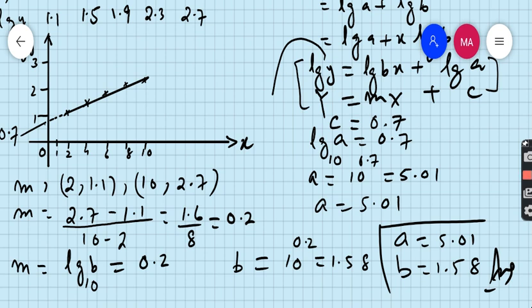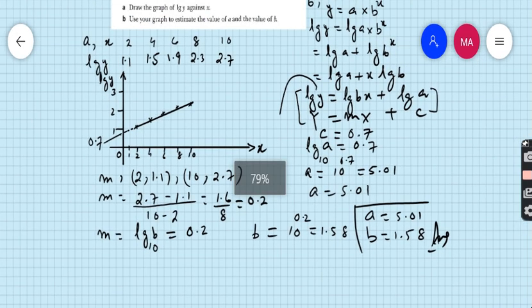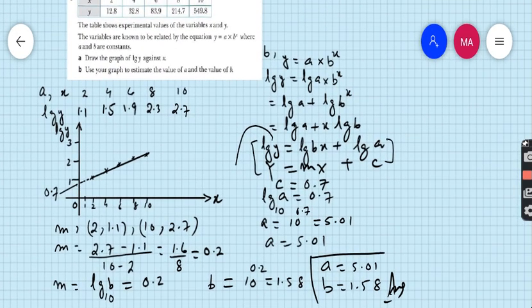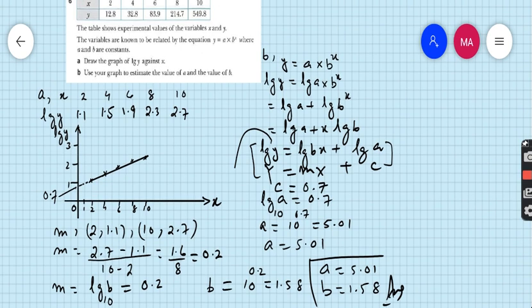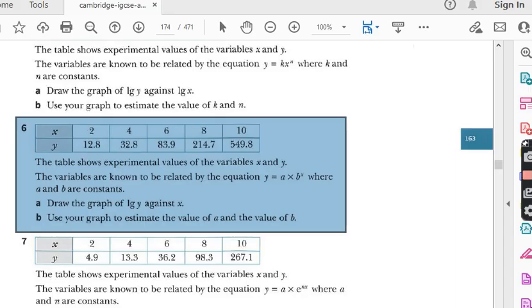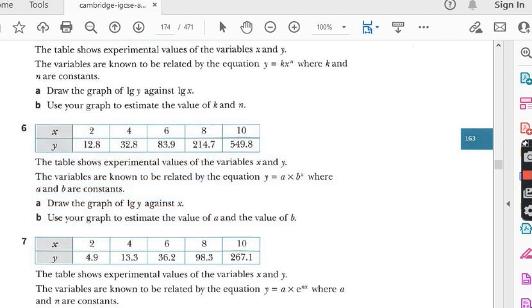So, hope you completely understand question number 6. I want to show the summary of this question. This is the summary, part A and B. And this is our today's class where we did questions number 4, 5, 6.